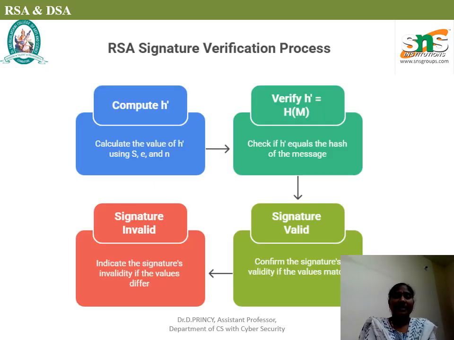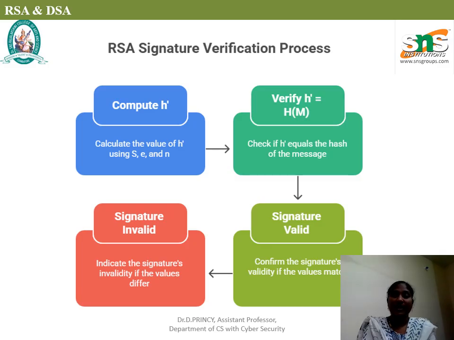Verification process. Compute H, where H means hash value. So calculate the hash value H dash using S, E and N. E is the public key. And verify H dash equal to H of M. If it is equal, the message is original. Next, signature validity.